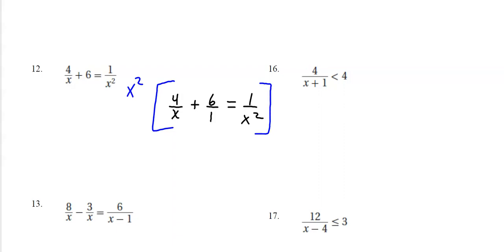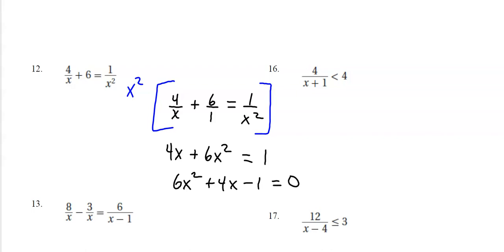So the x squared will cancel with one of the x's on the bottom, so I'm going to have 4x on the top. There's nothing to cancel on the next one, so I just have to multiply. And then my x squareds cancel, so I just end up with a 1. So this one, set it equal to 0. I have 6x squared plus 4x minus 1 equals 0.